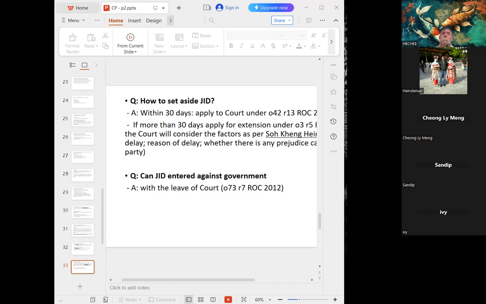That's why Order 62 Rule 6 generally explains how to effect the service of documents. It's not confined to the cost papers only. So this one is not for use, it's just for reference only.